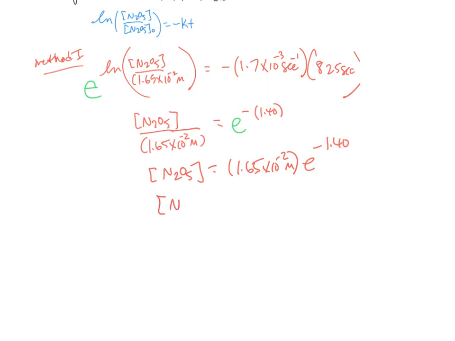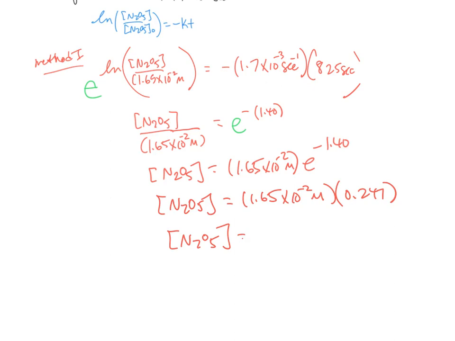So then you solve and you get N2O5, which is, well, one more step here, 1.65 times 10 to the minus 2 molar, and then e to the minus 1.4 is 0.247, so you should just check that and make sure you get that. And then N2O5 is equal to 4.06 times 10 to the minus 3 molar.